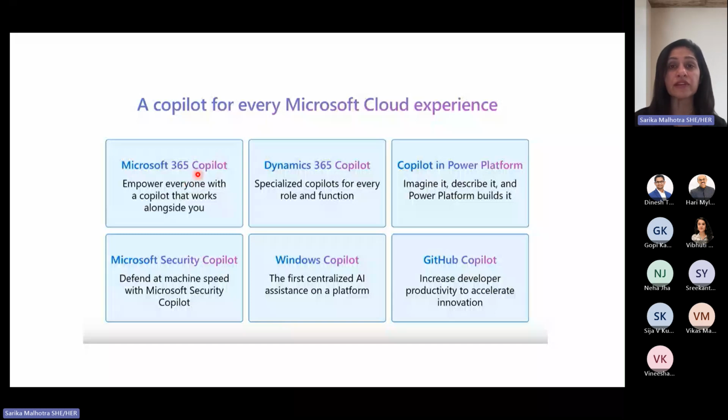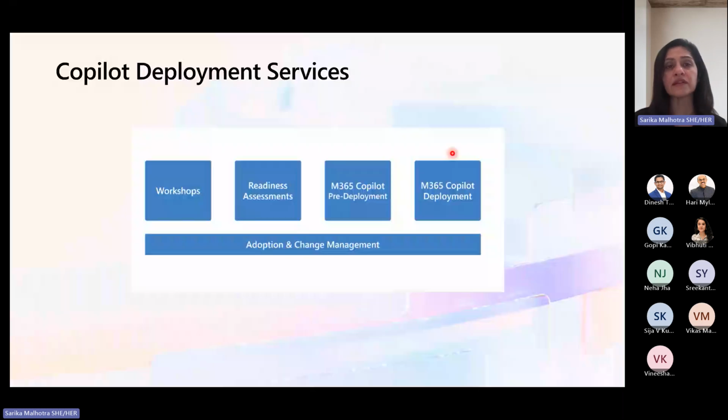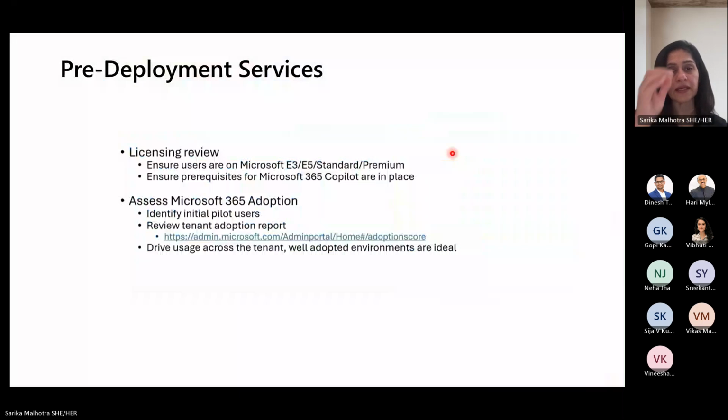This could be in terms of whether they figured out what scenarios they want to use it for or we need to do it. Then there would be certain pre-deployment activities which we need to get done before the Copilot is deployed, and then we would actually deploy it. Adoption, trainings, etc., and then the change management piece. So this would cover what we would offer for the Copilot.